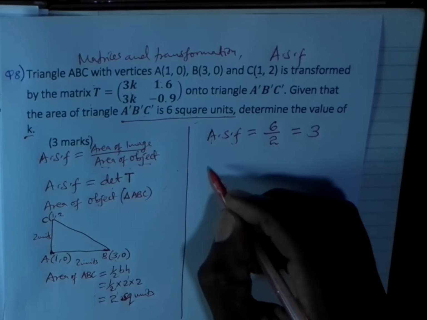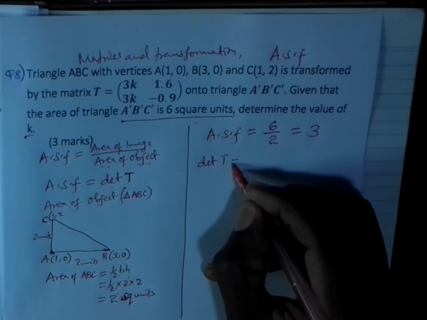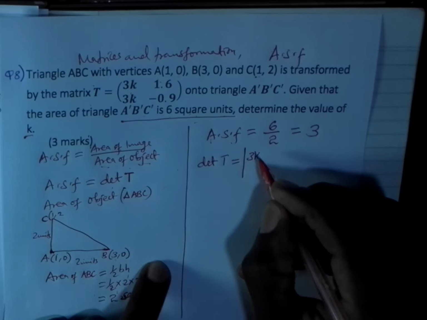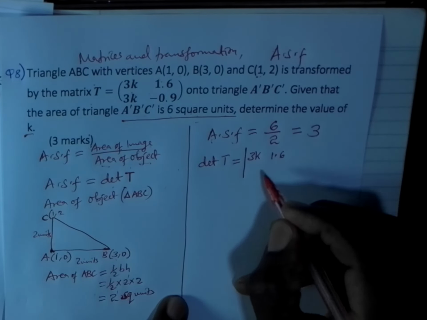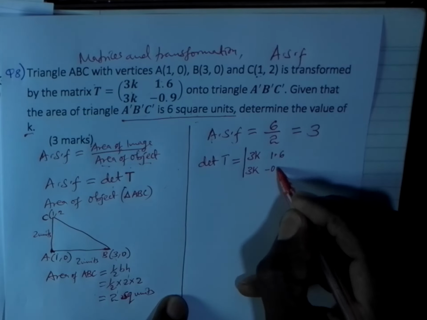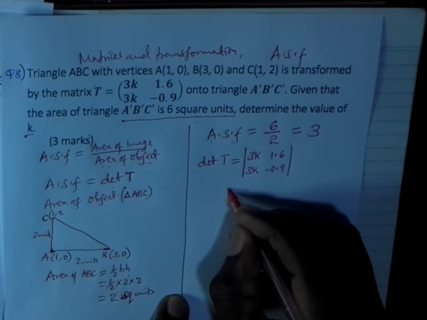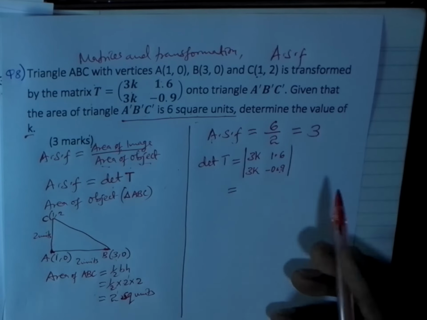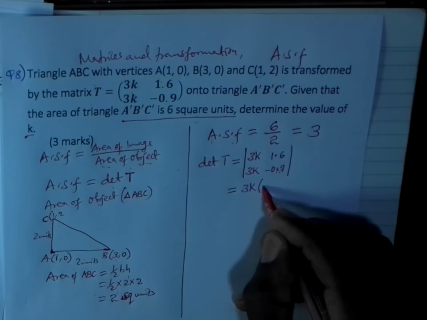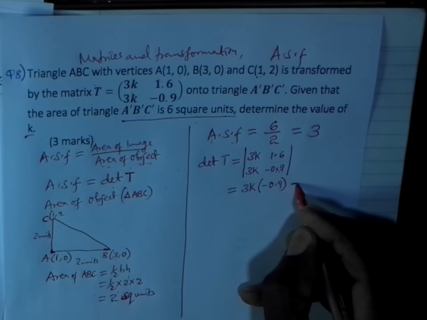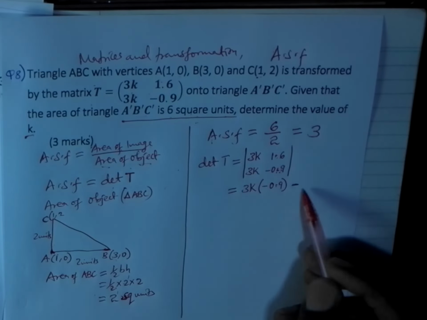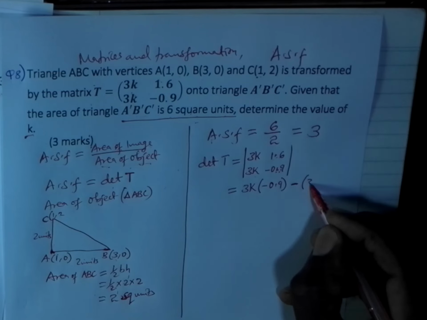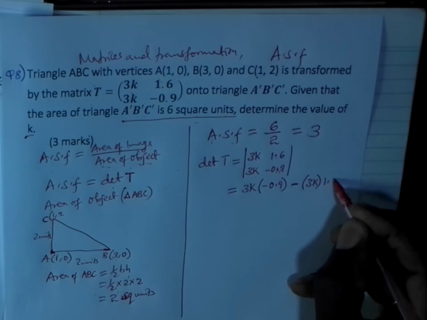Also, we can now get the determinant of the matrix. We have the matrix 6k, 1.6, 3k, negative 0.9. So multiply the elements in the main diagonal, 3k times minus 0.9, then subtract the product of the elements in the other diagonal, 3k times 1.6.